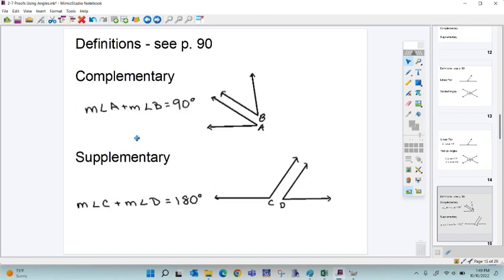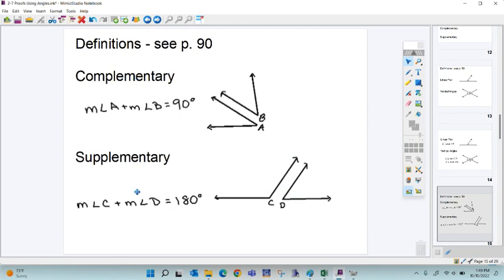We have the idea of complementary angles and supplementary angles. Complementary angles are any two angles that have a sum of 90. So you add them up and you get 90. It's not that an individual is 90, but that you have two that add up to make 90. Same with supplementary. Neither one of them individually is 180, but you add them up and you get 180.